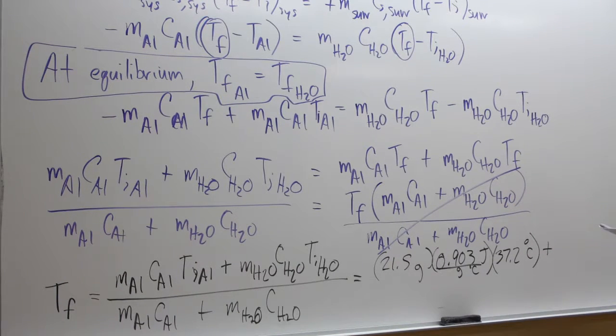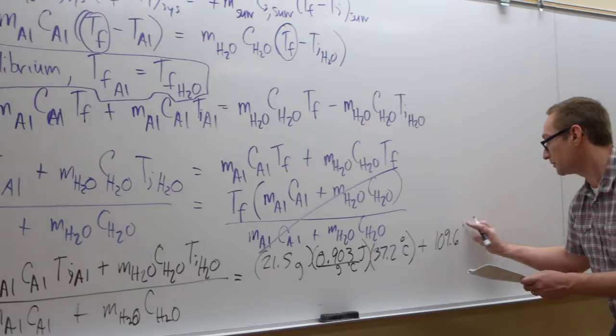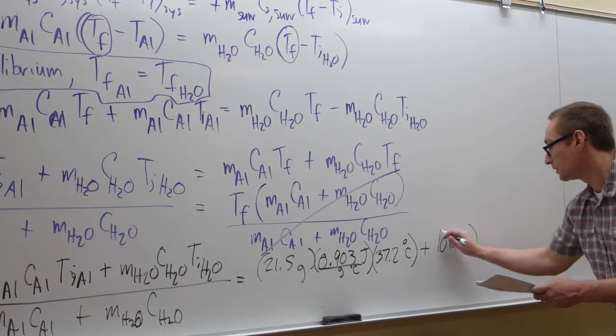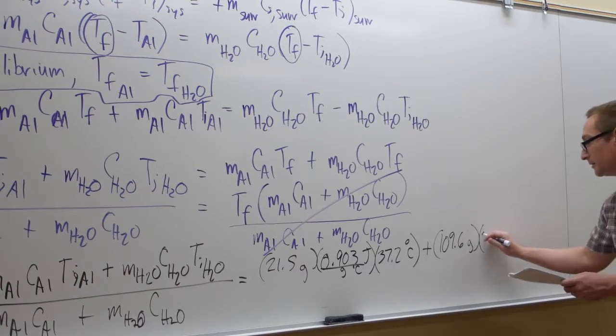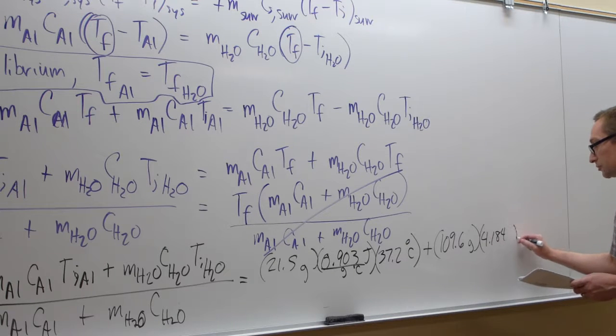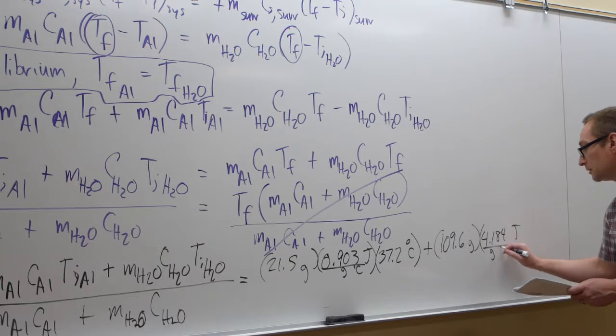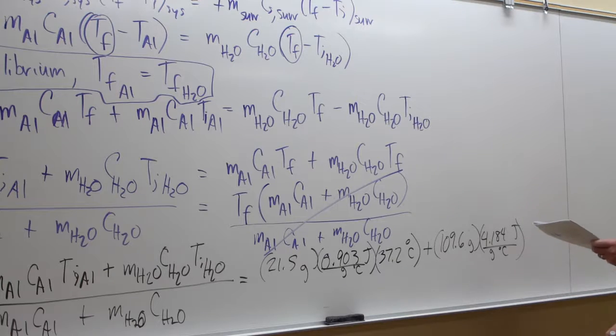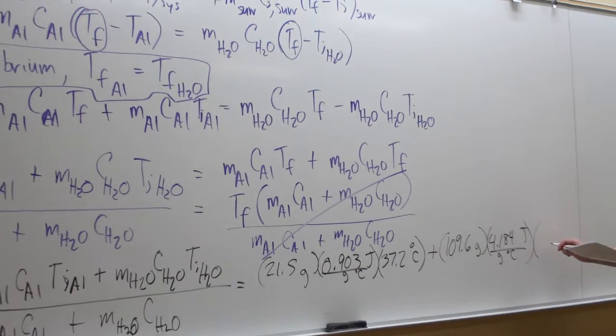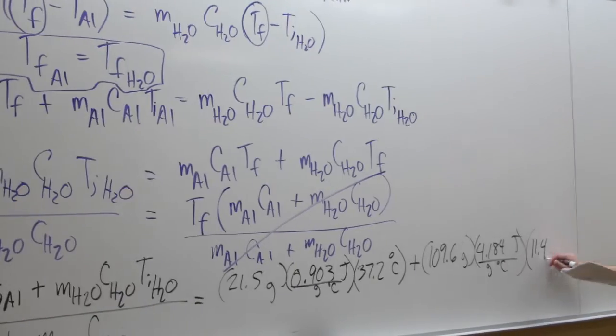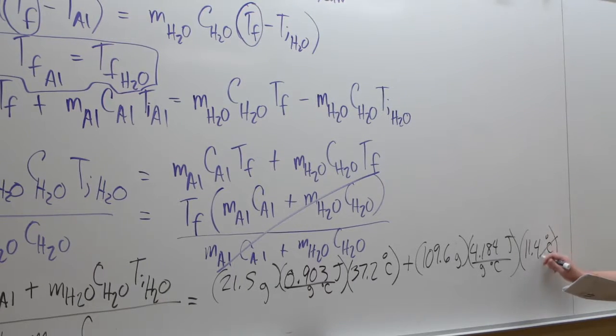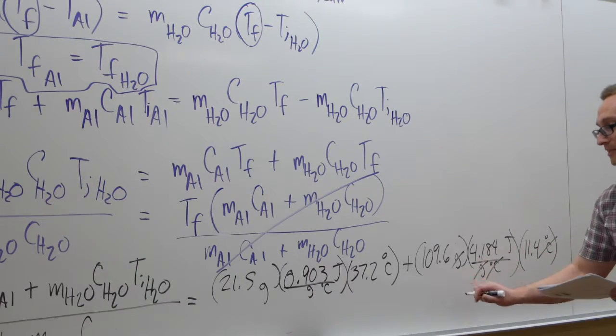Okay, plus mass of water, which was 109.6 grams, times 4.184 joules. All right, and then we have initial temp for water, which is 11.4. So the degrees and grams cancel on all these.